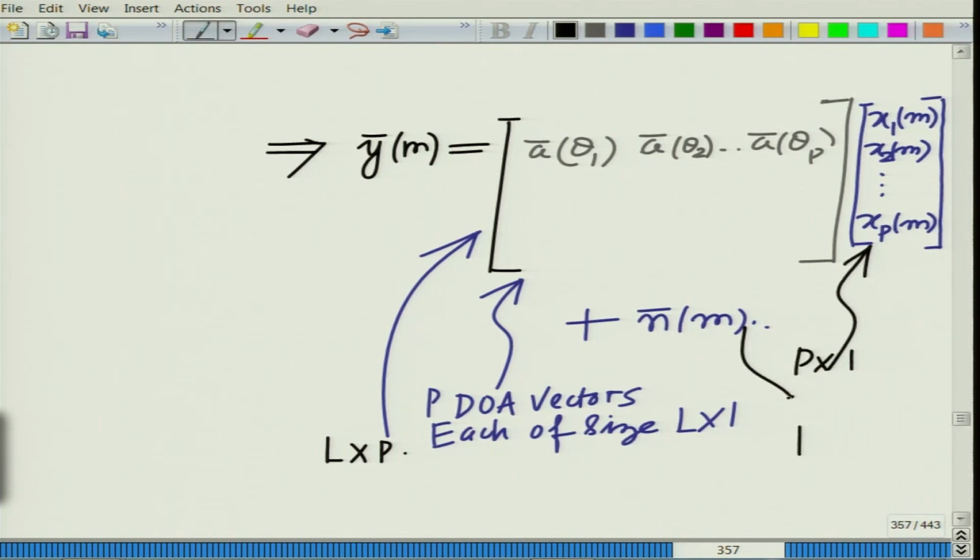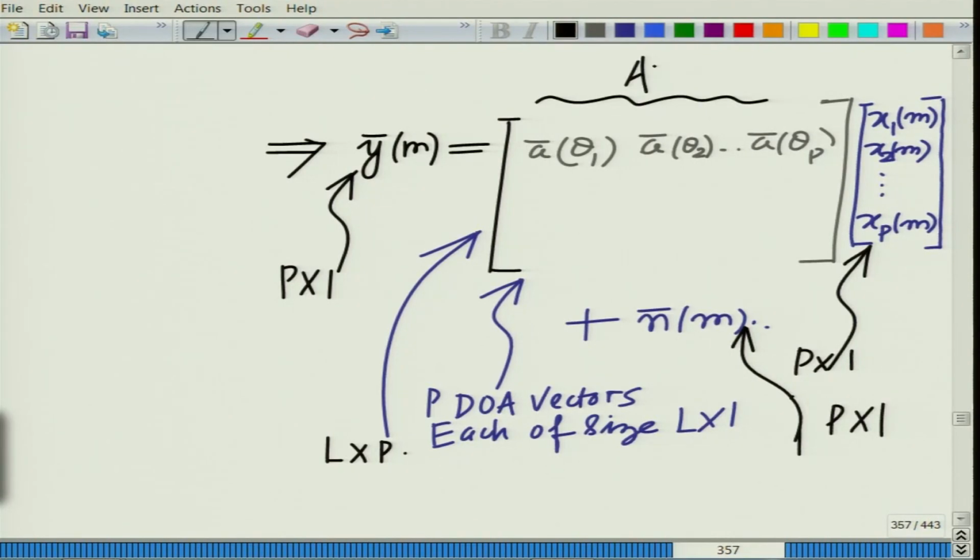Whenever you write a linear model, it is good to always do a check to make sure the dimensions match. Input is a vector of size p.